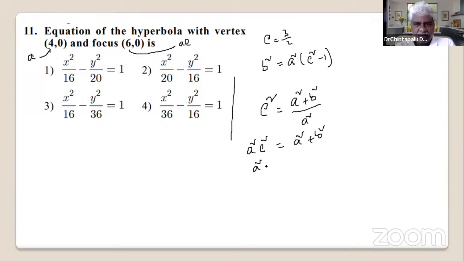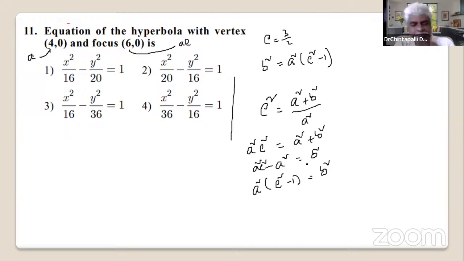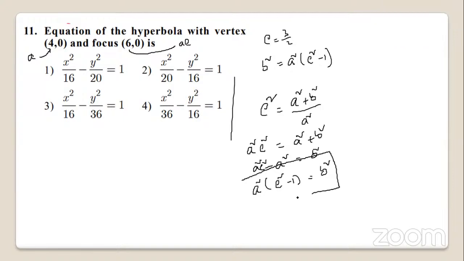So a square e square minus a square is equal to b square. Take a square common: a square times e square minus 1 equals b square. That's the formula. Got it? Yes.